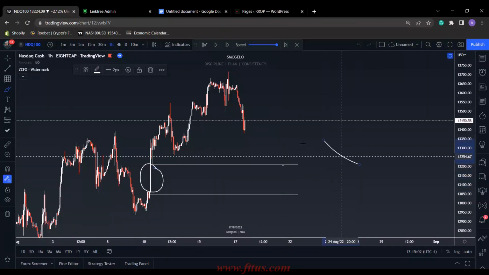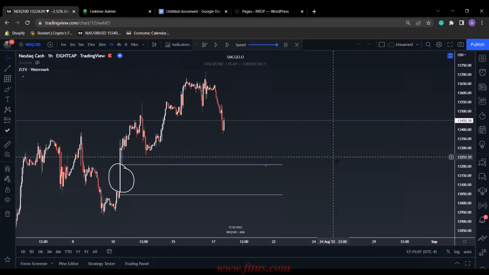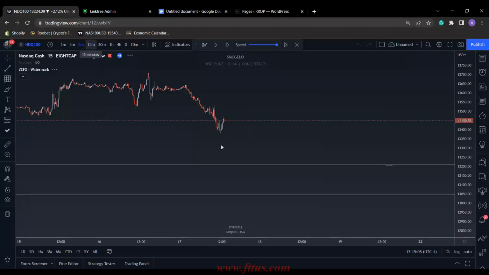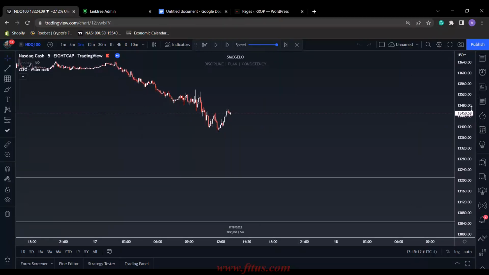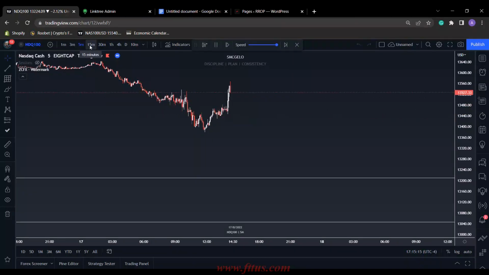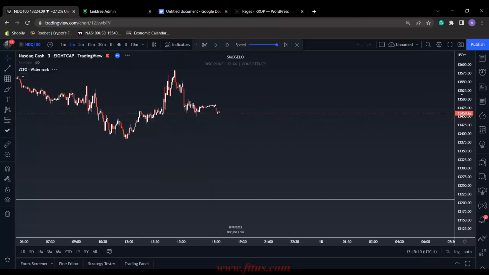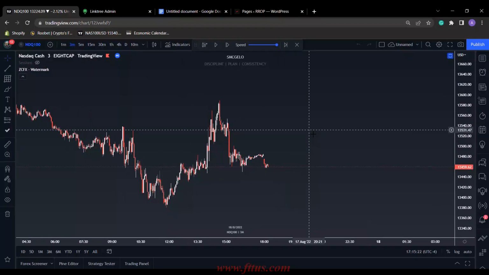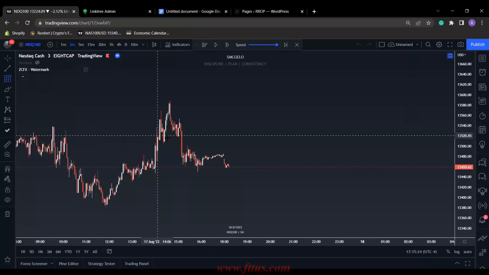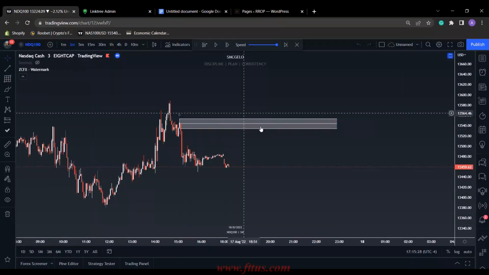So what we look for is sells. We drop down to the lower time frame. Also look for market structure on the higher time frame, not just the lower time frame, to give you a little bit more confirmation. So we wait. Perfect. What do we see? We see this on the 3-minute.